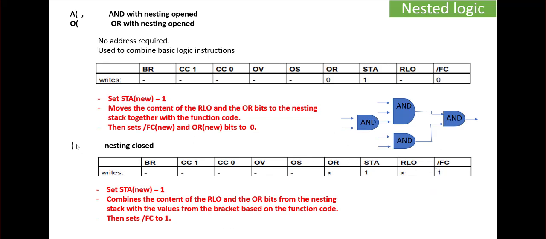So if it was an AND nesting, the latest RLO from before the bracket comes will get combined with the content of the nesting stack with an AND operation. If the function code was OR, then it will be an OR operation. And this is how the nesting close operator calculates the new values of the RLO and the OR status bit.